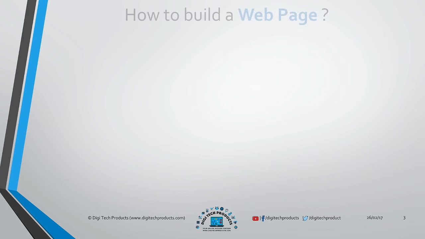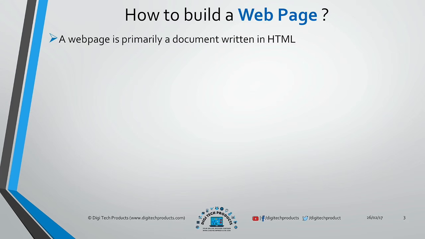So how to build a web page? First, a web page in a real-time scenario, excluding WordPress, where we have WordPress as a tool to build web pages. But forgetting that, if there is no WordPress, how to build a web page?